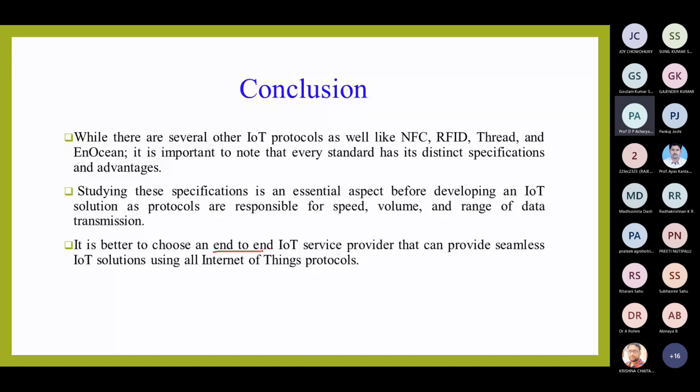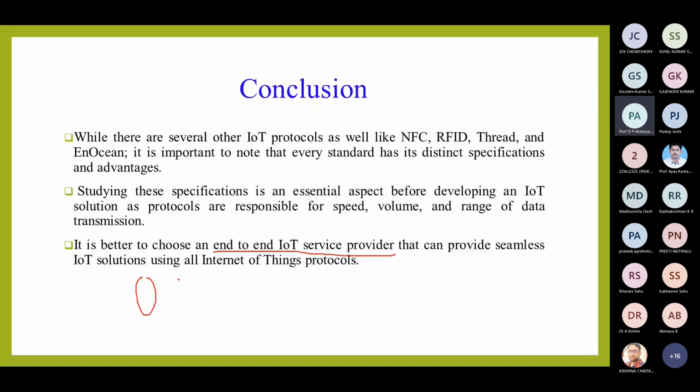Whenever we think of the users, the customers, they cannot purchase part from this company and part from that company. The IoT node service is provided by somebody, the cloud service by somebody, and the communication protocol somebody else has to give you and load onto your system. Such things are not possible.